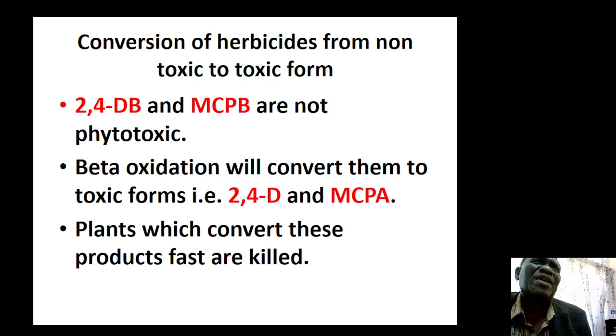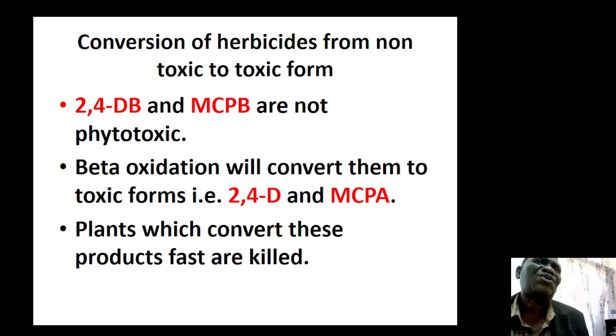We said we can convert herbicides from being non-toxic to toxic, 2,4-DB and MCPB, via the reaction known as beta oxidation. We can apply 2,4-DB and MCPB, and we leave it up to the weeds to convert them to toxic forms so that they get killed.